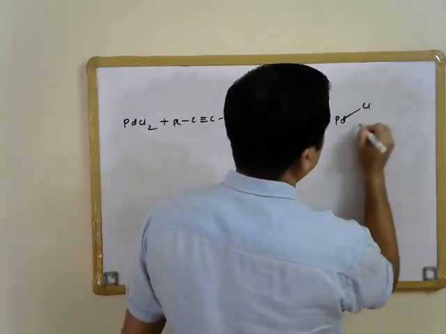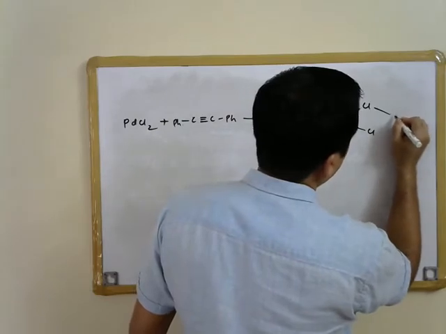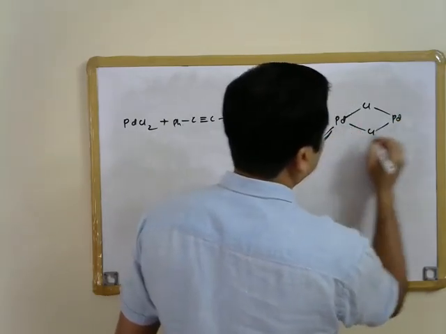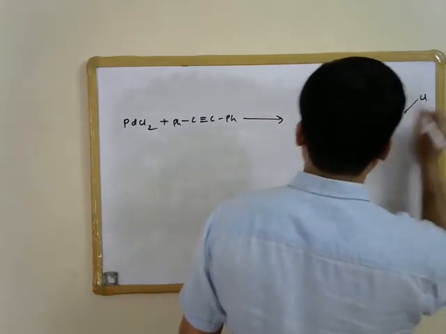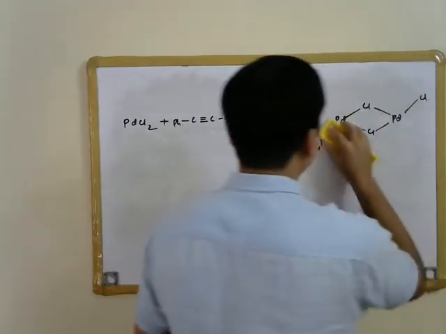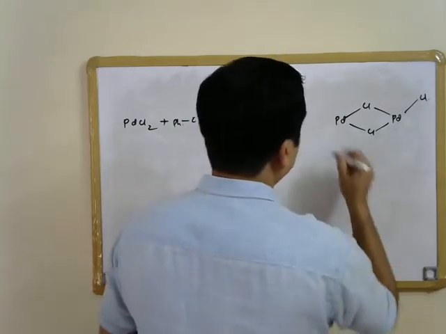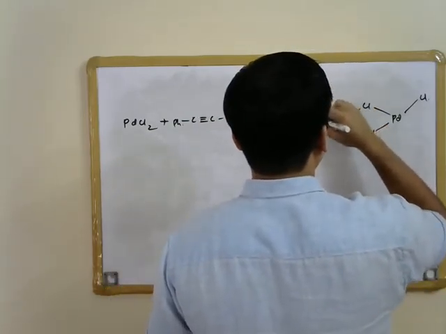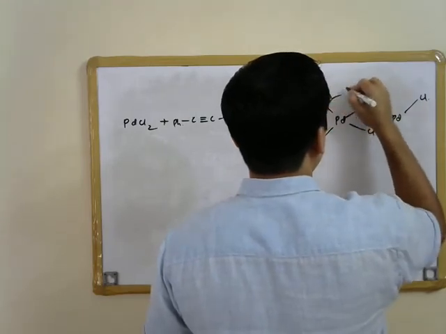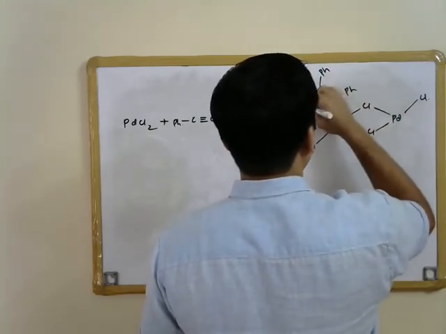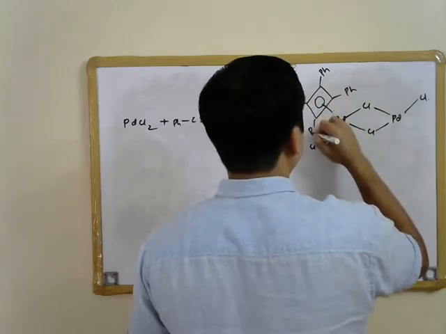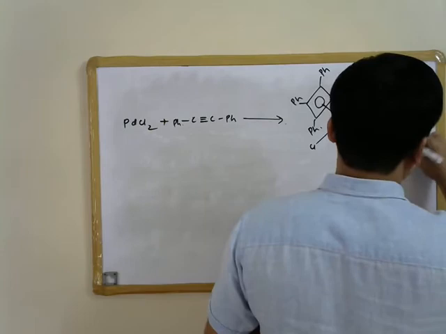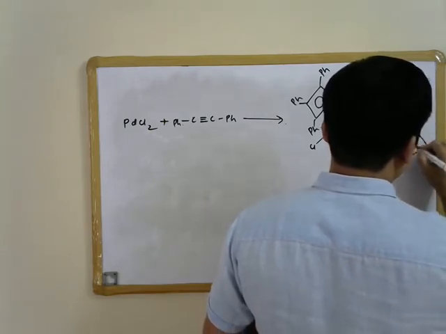In this case, a dinuclear palladium complex is isolated, where cyclobutene is present, which forms by dimerization of the acetylene ligand over here.